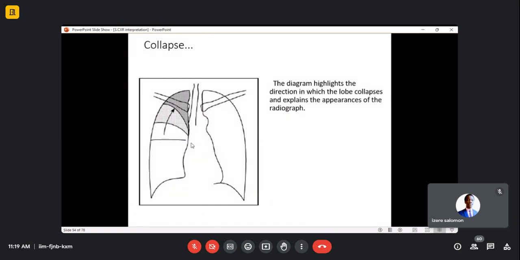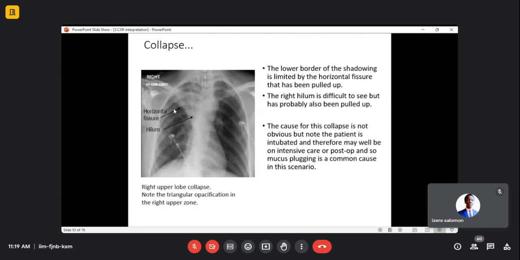It's not straight like this, but now it has gone up. It has either been pulled or pushed up. It was elevated. And remember, I forgot to tell you, even the hilum has gone up, even to the same level as on the left side.